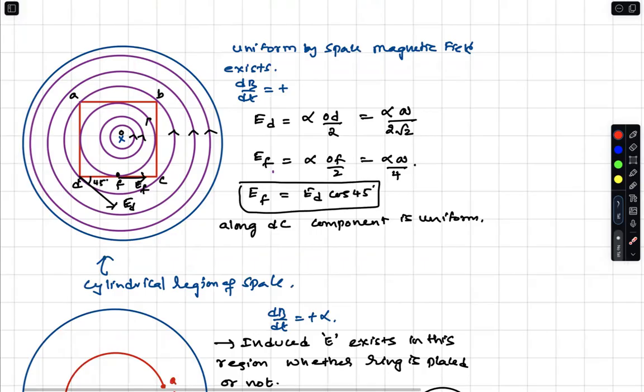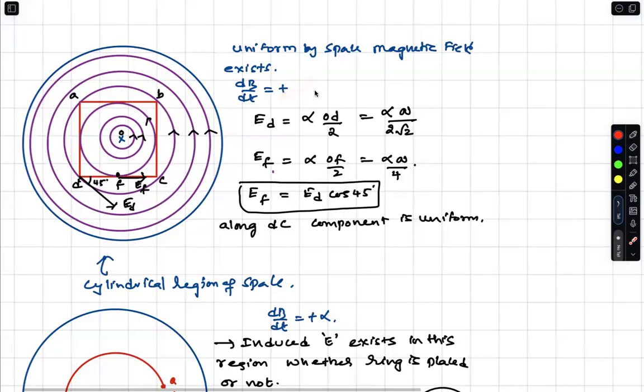With the left hand, you place the thumb into the plane of the paper. The curl of the four fingers will give you an idea about the induced electric field lines. I repeat, the thumb is into the plane of the paper, and the curl of the fingers gives you the direction of the induced electric field lines. So I took dB by dt positive.